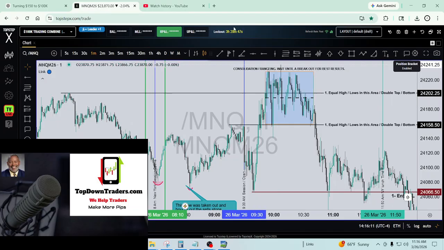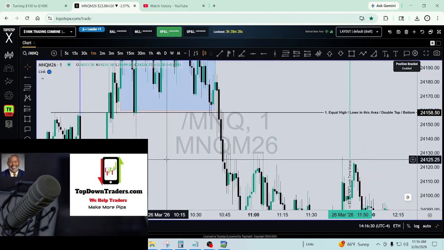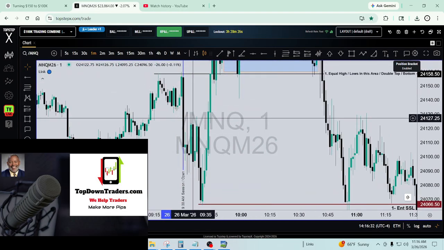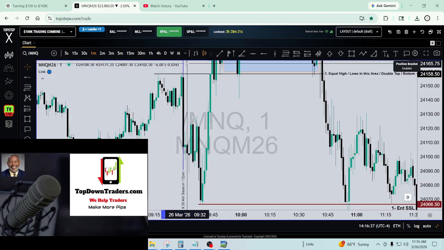Once I hit my target, my system locks me out to prevent me from over trading. That's why I have to wait 3 hours and 28 minutes before I can get back into the market. So you can trade and have sniper entries when you understand that at 9:30 in the morning, every morning, when the opening bell rings, price is going to move very quickly.